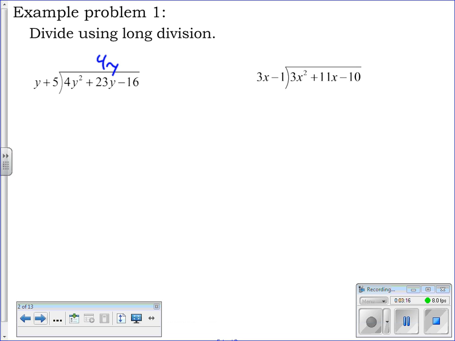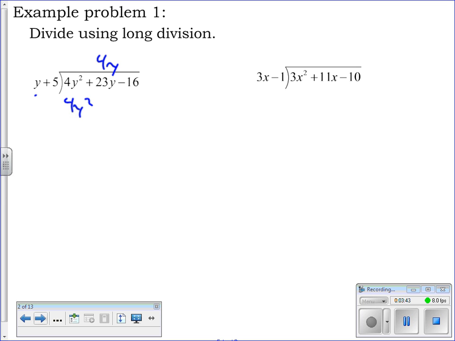Where did I write it? I wrote it above the y terms, not the y squared terms. Just like in long division, if it doesn't go into the first number by itself, it goes into the first 2 numbers, and you put it over the second number. Same idea. 4y times y gives me 4y squared.